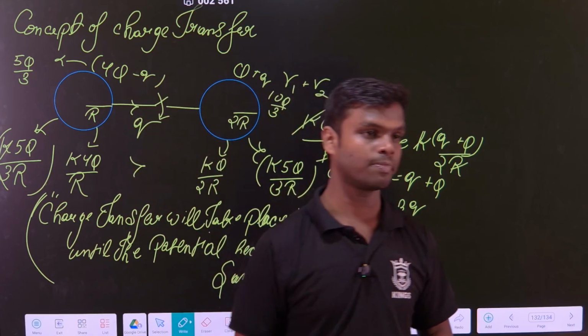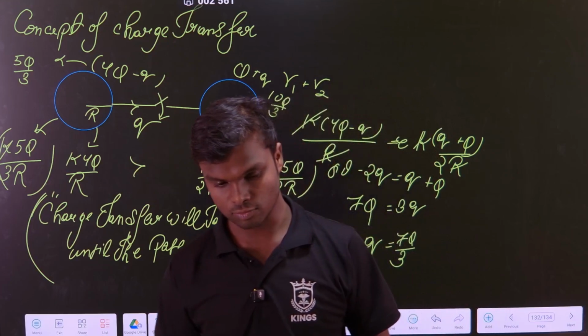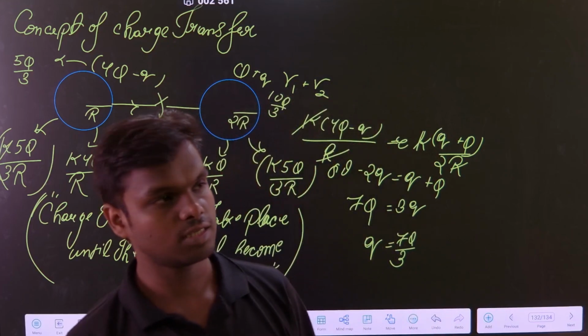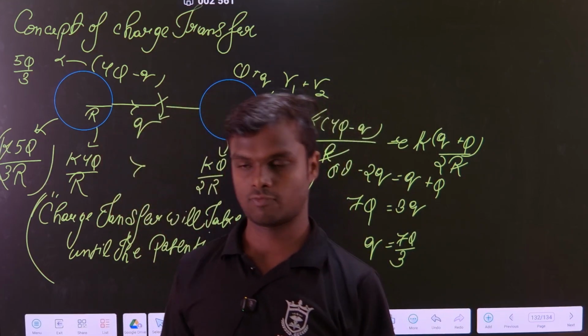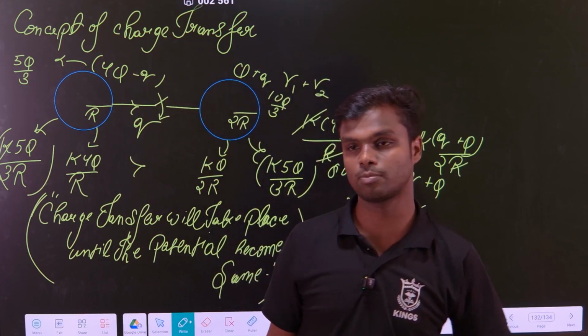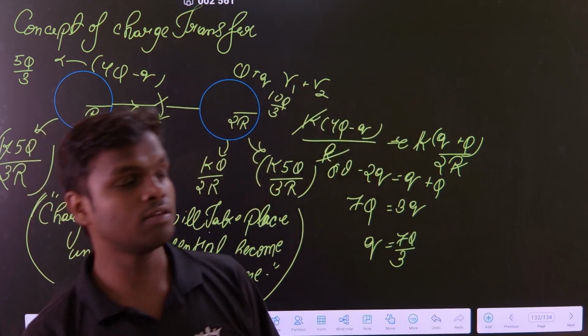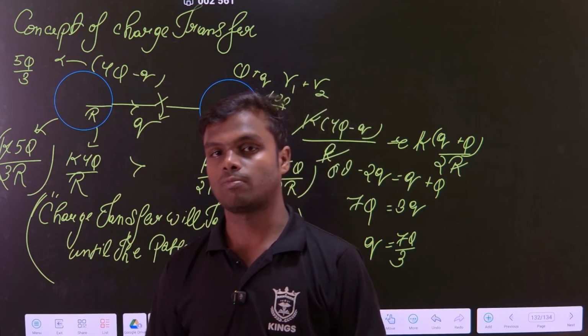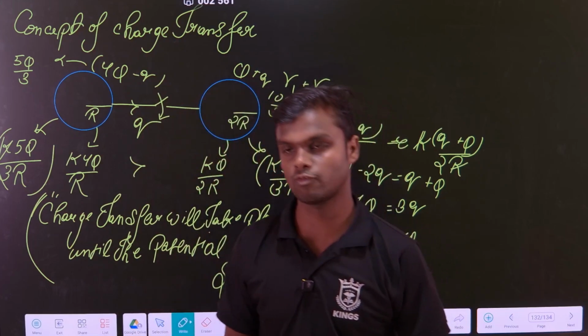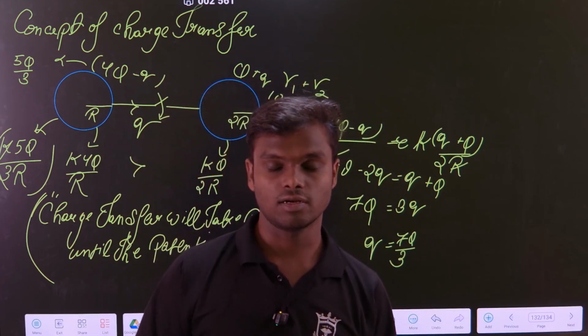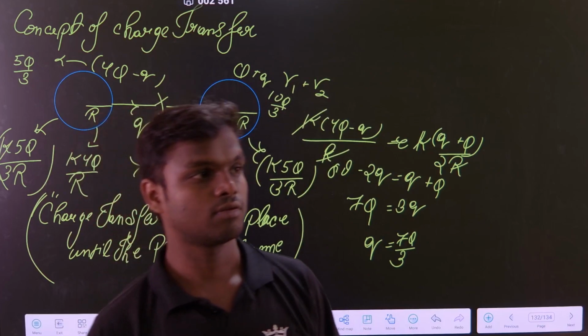My question is, suppose charge is flowing from one conductor to another conductor due to the potential difference. When will this charge flow stop?